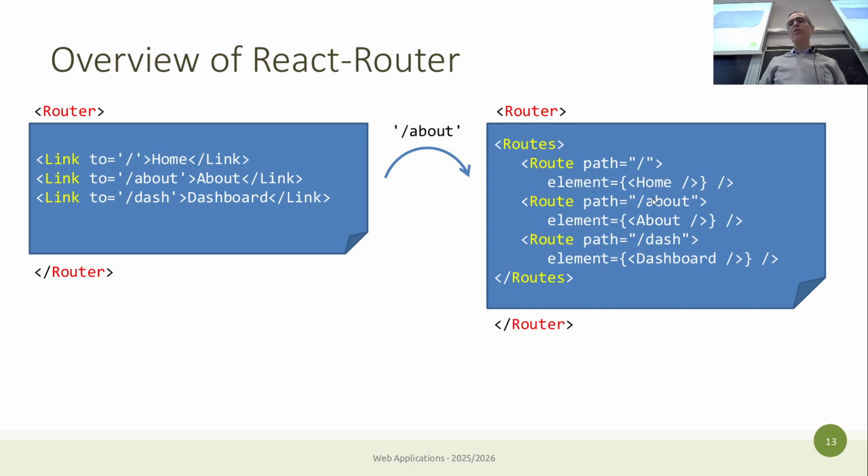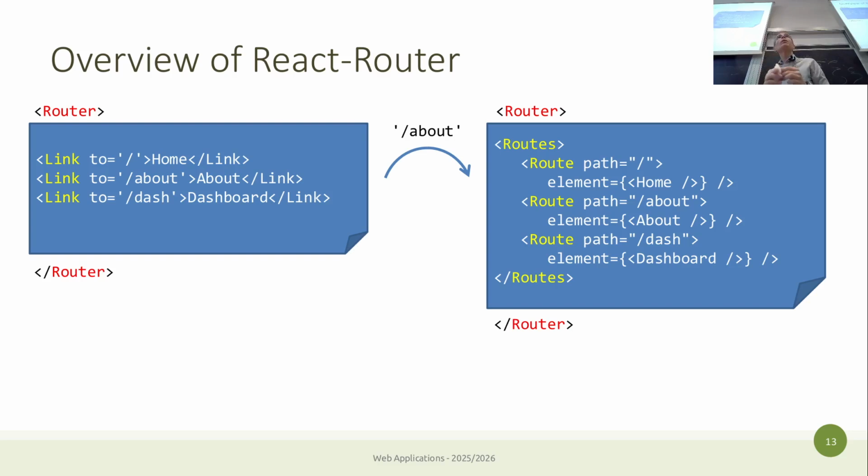We have /about, /dash, short for dashboard. The / route renders the Home component. The /about renders the About component. The /dash renders the Dashboard component. So these are three different components. Only one of these three will be rendered at a time by React, through this React Router library.